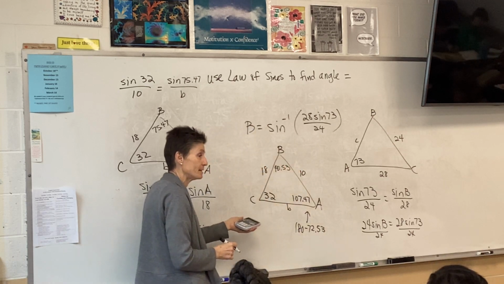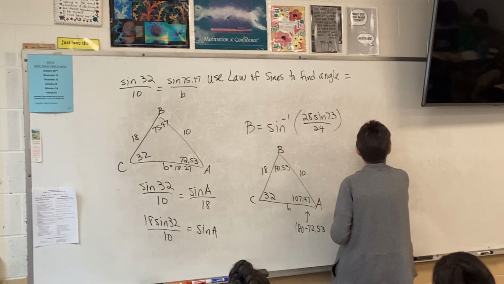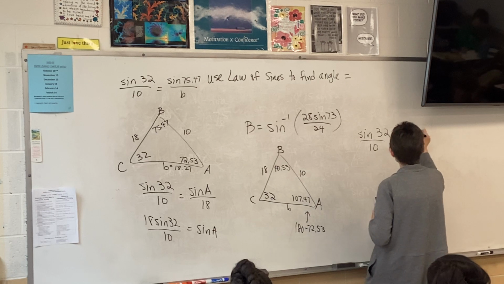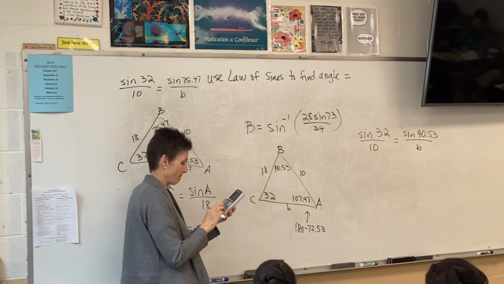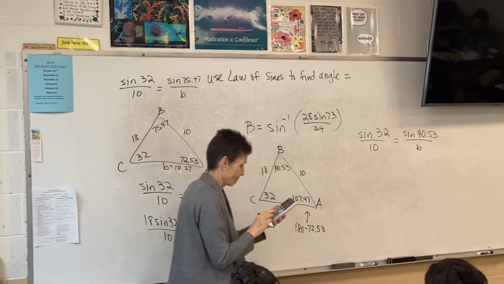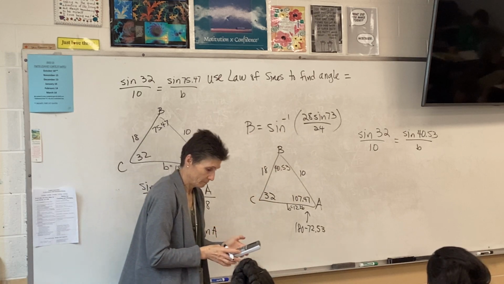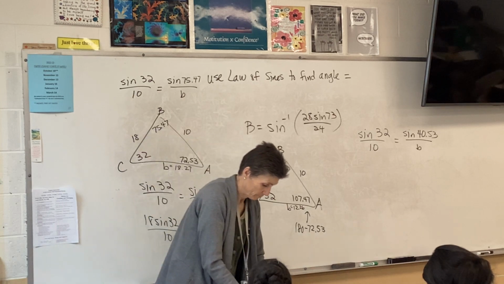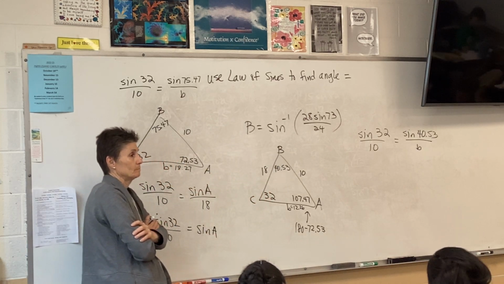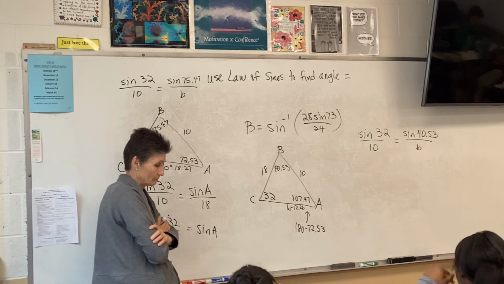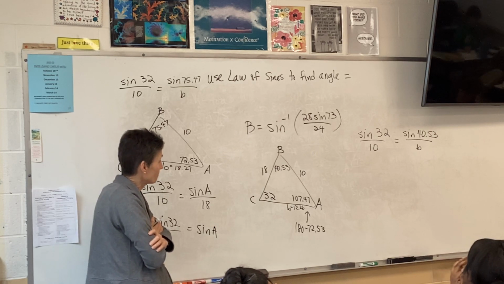And then you're gonna find that side B, sine 32 over 10 equals sine 40.53 over B. All right, what'd you come up with? 12.26?